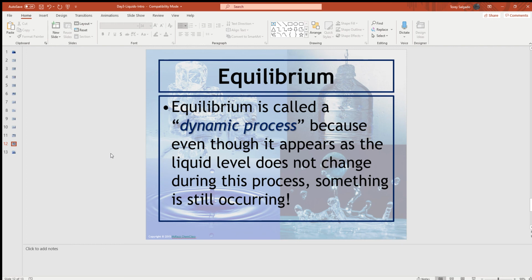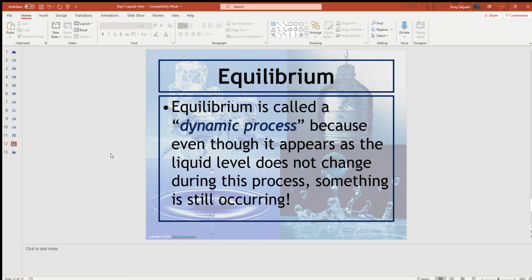So last little bit of notes, equilibrium is called a dynamic process because even though it appears the liquid level does not change during this process, something is still occurring. So even if you put a lid on that bottle and none of the liquid or gas is able to escape, it doesn't look like anything is changing.